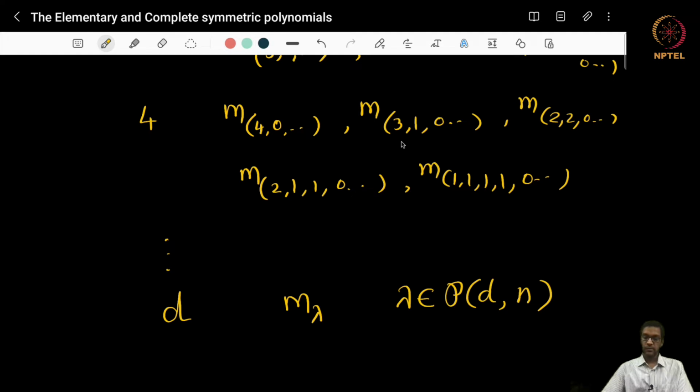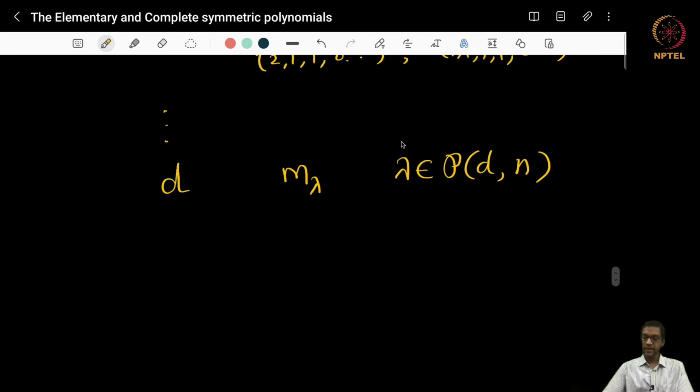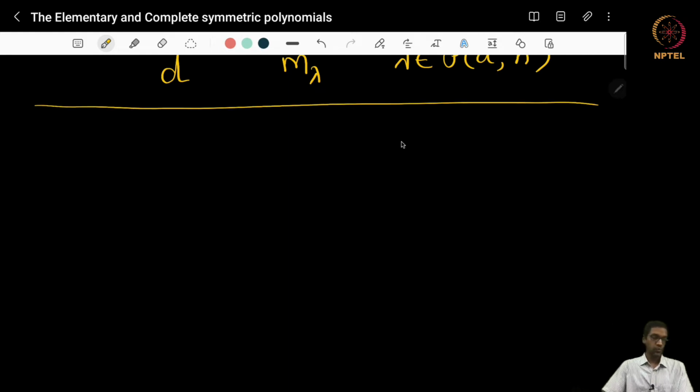But now what I want to do today is to talk about two other classes of symmetric polynomials other than the monomial ones, and these are called the elementary and the complete symmetric polynomials. Okay, so let's define these new classes. So let's fix n, and I'll fix variables x1, x2, up to xn as before.